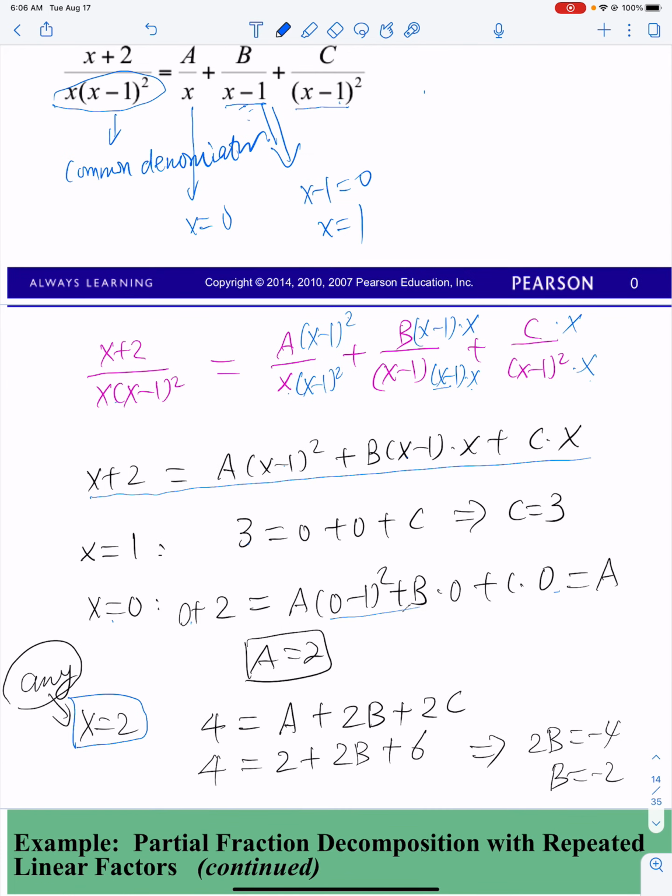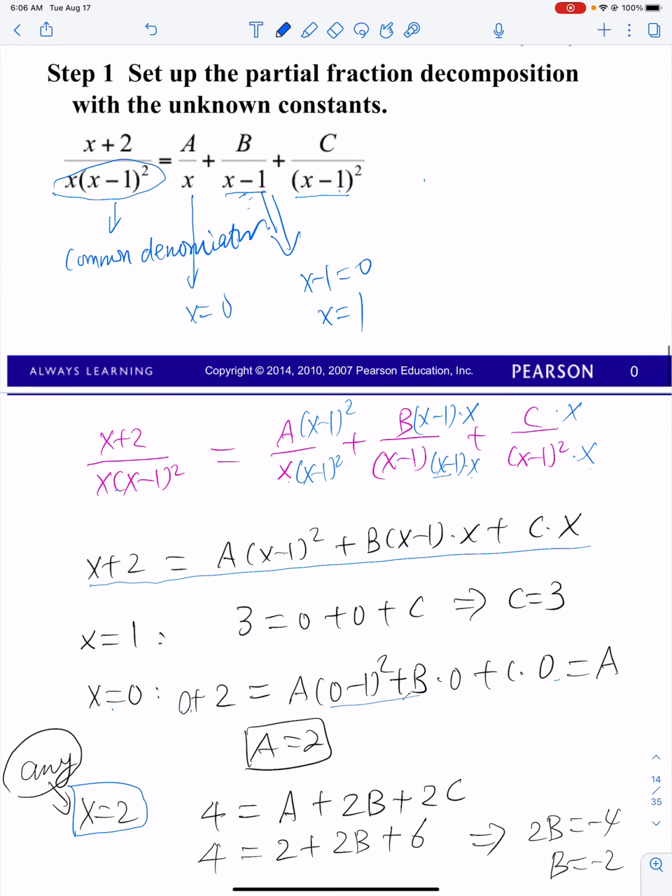And then, what's your answer now? What is a? 2 over x, plus b. Because b is negative, you have negative 2 over x minus 1, and plus c.